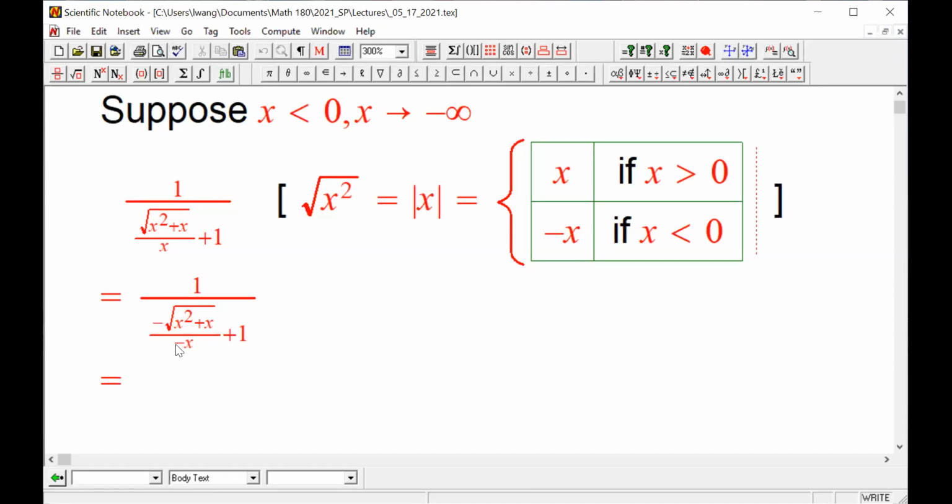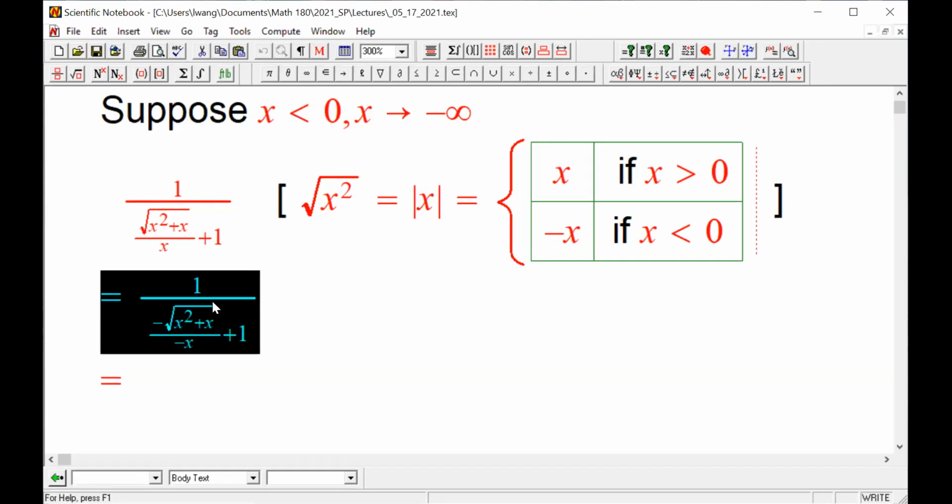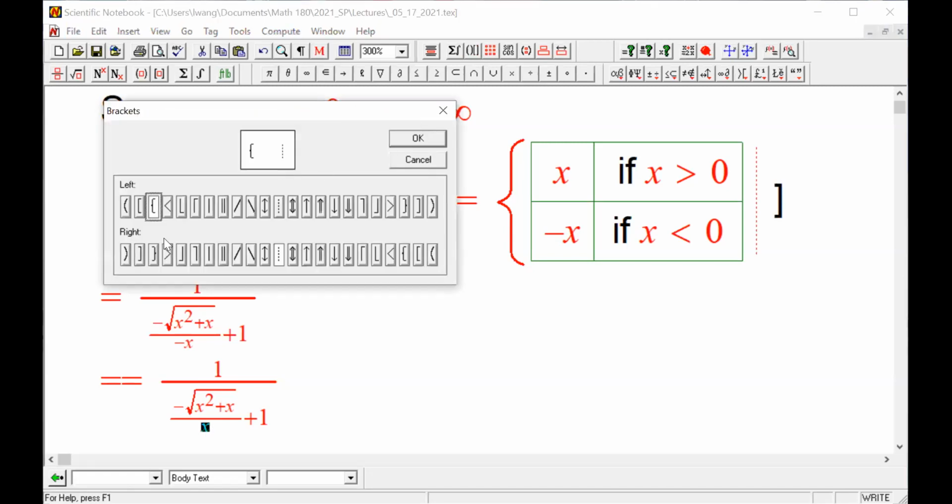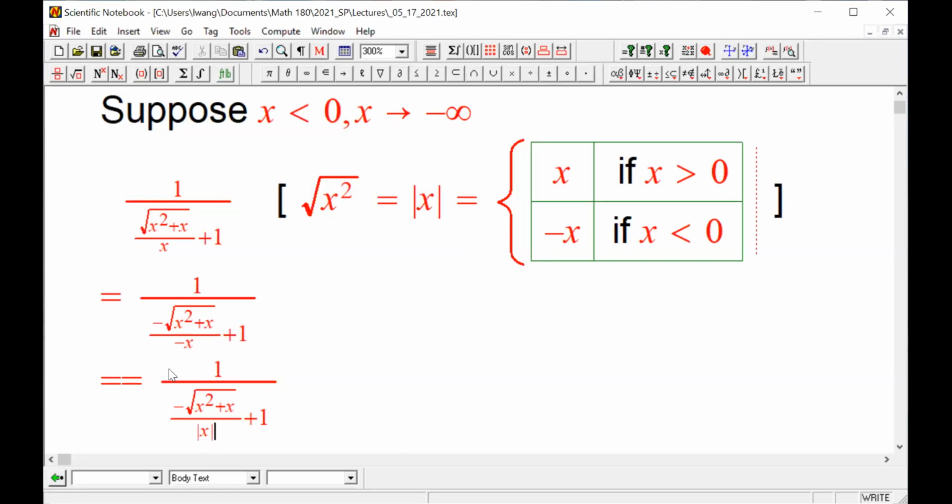Okay. So I inserted this negative sign on the denominator, I'm also inserting this negative sign on the numerator. And this piece becomes what? The next step, that piece will become the absolute value of x, because the absolute value of a negative number is its opposite.